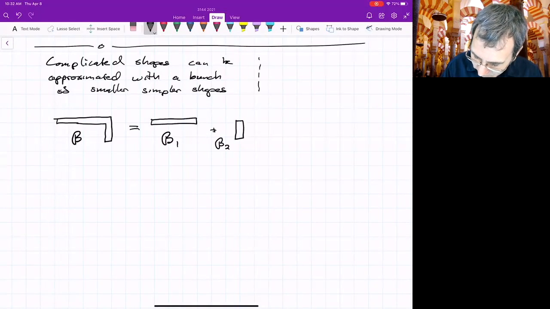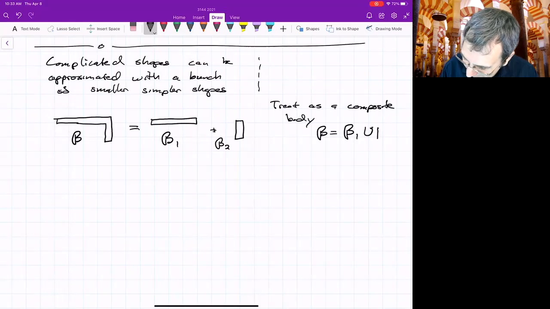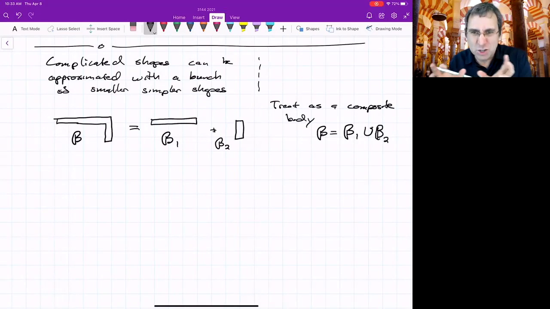So you treat it as composite bodies, which is the technical term, I think, meaning it is a body that is made up of a union of other things. We could put a plus, but hopefully you get the idea. That means it's the joining of them.